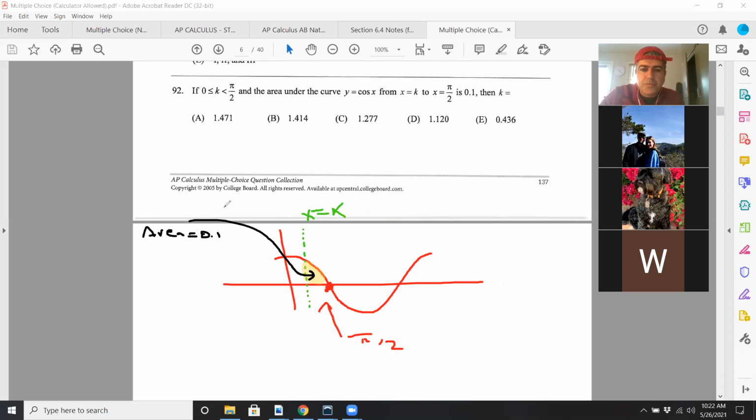Okay, we know this. So it means that if I integrate from k to pi over 2 of cosine x dx, it's supposed to equal 0.1. Well, the antiderivative of cosine I know is negative sine.